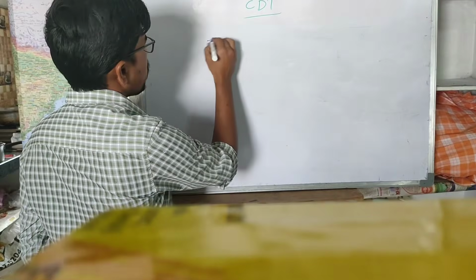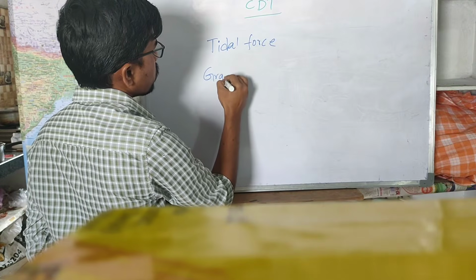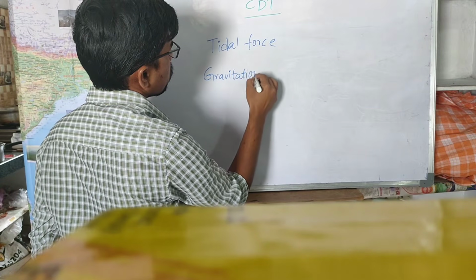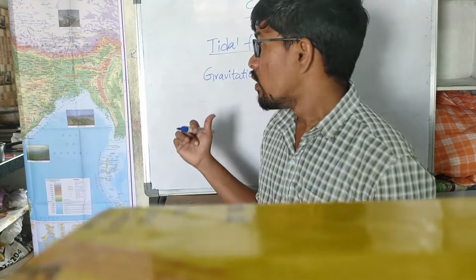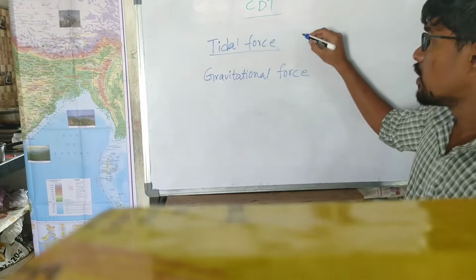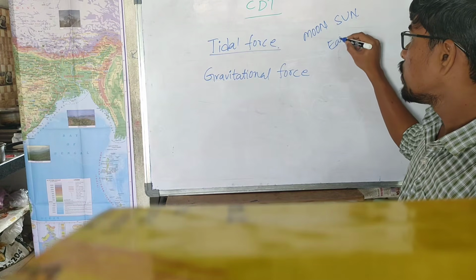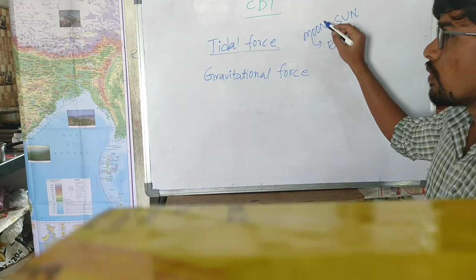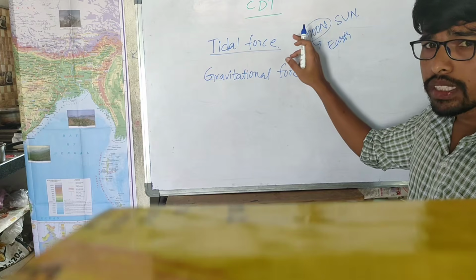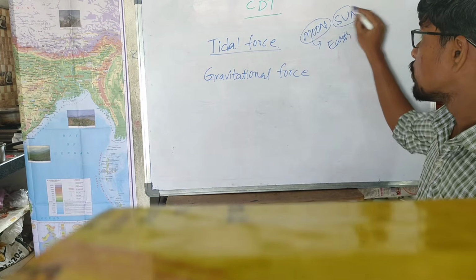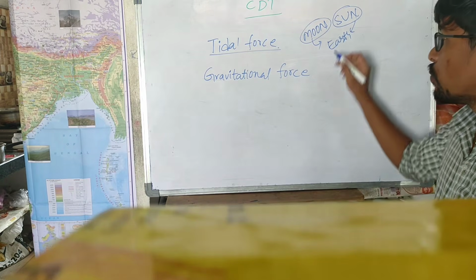the forces. He explained about the tidal force and gravitational force. The tidal force is due to the short distance made by the moon and sun. During Amavasya and Purnima the moon comes near to the earth, and at the Aphelion and Perihelion times, the sun comes near.